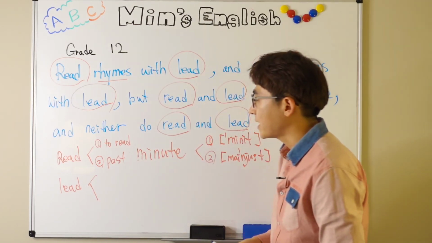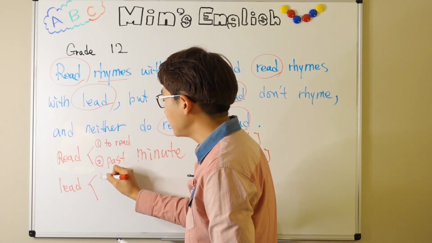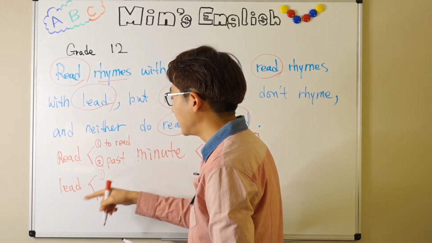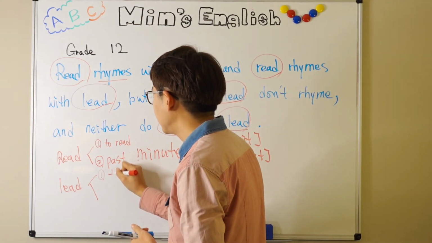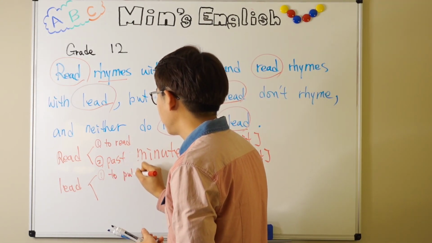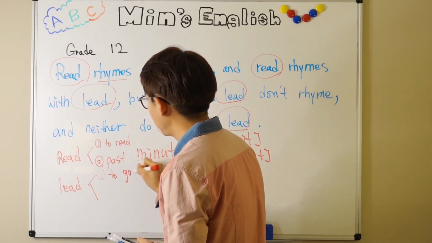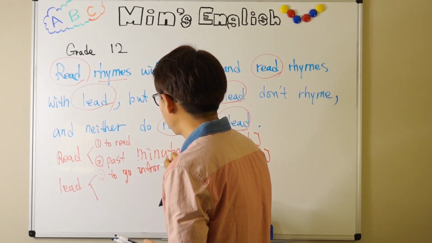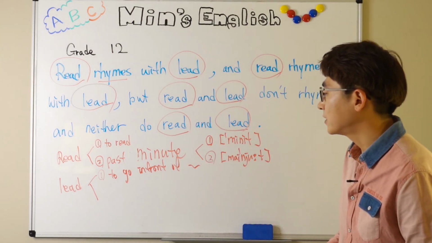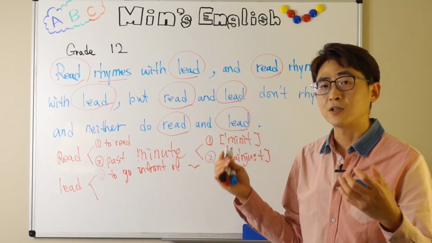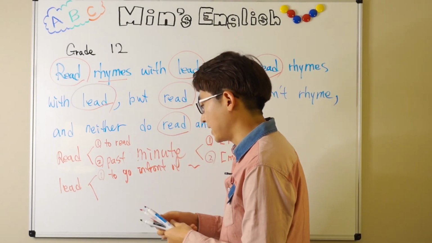And here we have the verb lead, and when you pronounce it like that, lead, then it has the meaning of to go in front of others, and all the other people are following you, to lead something.